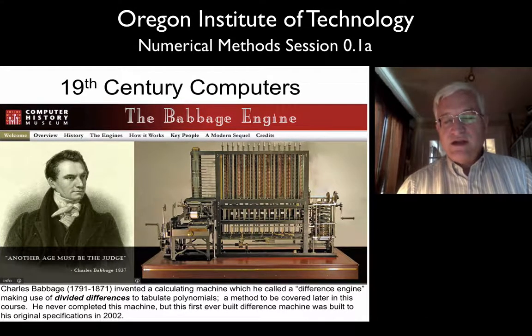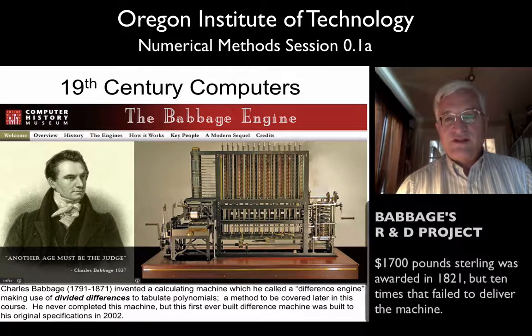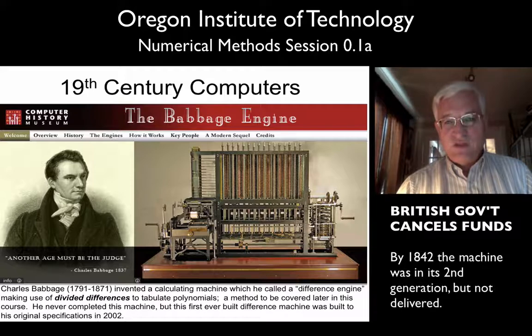Now, he was actually given a grant by the British government of £1,700 to build this thing, and he took the design from his predecessor and said he could do it, but as with a lot of R&D projects, it takes more money than you anticipate, and he had to continue to ask for more until the sum got up to £17,000, and the British government was tired of it and canceled the project.